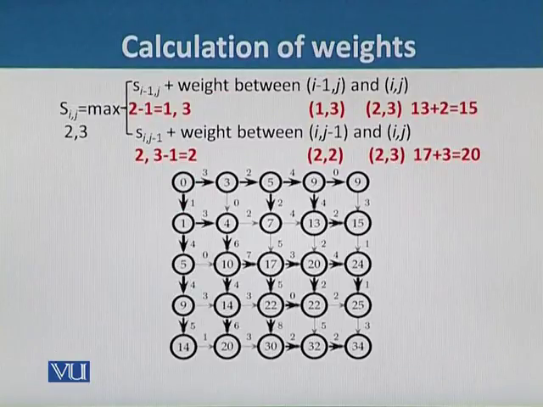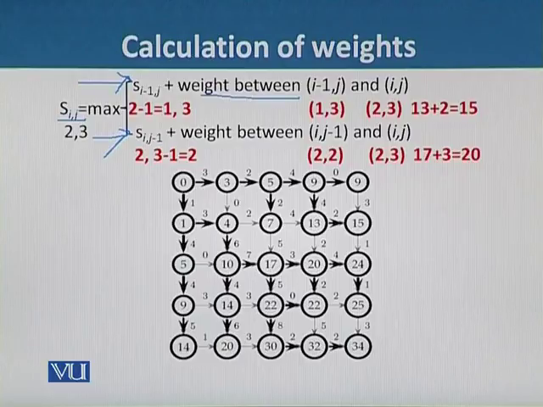If we want to calculate the weight values of Sij, again we have to calculate two values, two possibilities. One is there and the second is this one. In the first one, we have to calculate the weight values of I minus 1, j and ij, and in the second one we have to calculate the value of Sij minus 1, and again calculate the ways ij minus 1 and ij.